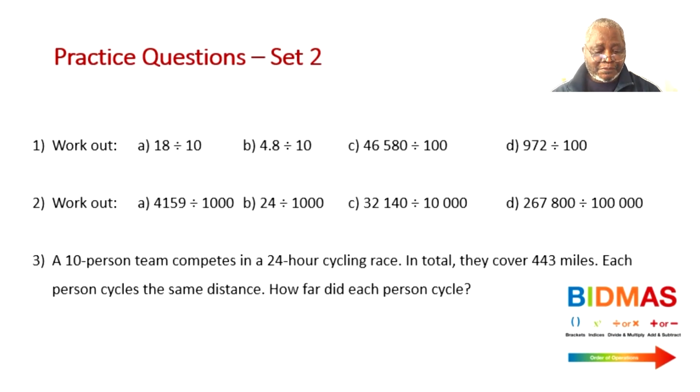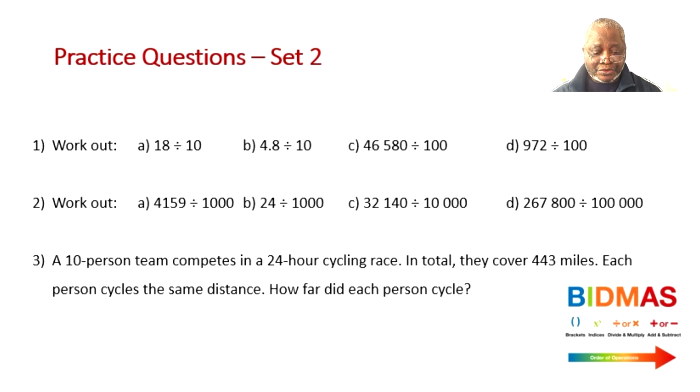A 10-person team completes a 24-hour cycling race. In total, they covered 443 miles. Each person cycles the same distance. How far did each person travel? How would you do that? Yes, the answer is not the 24-hour race.